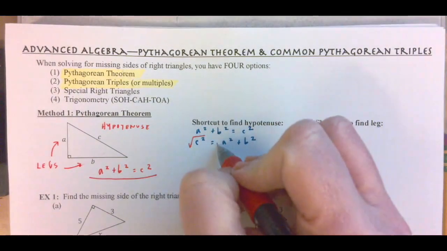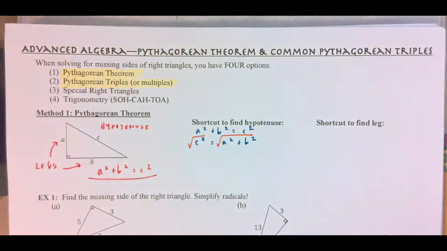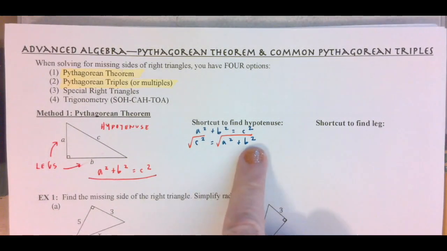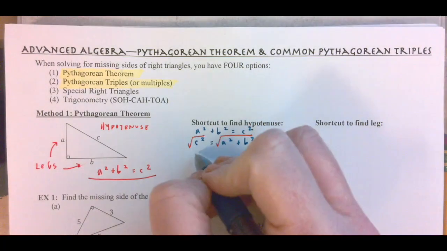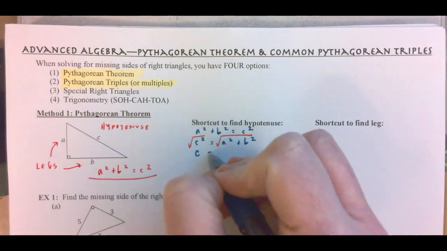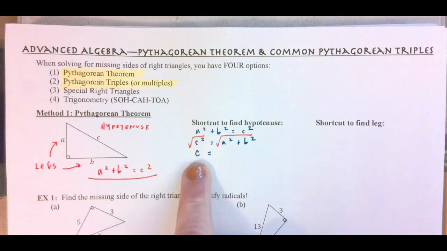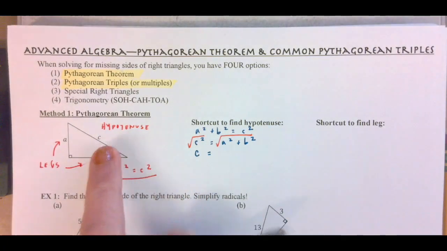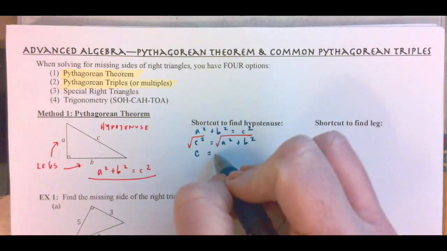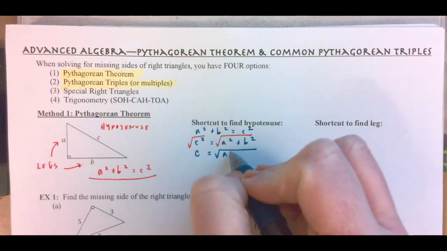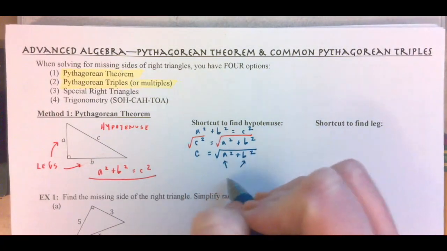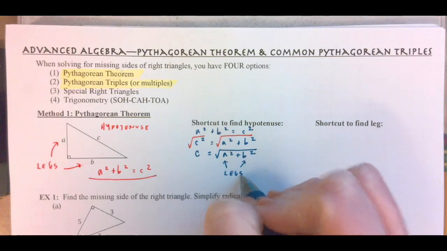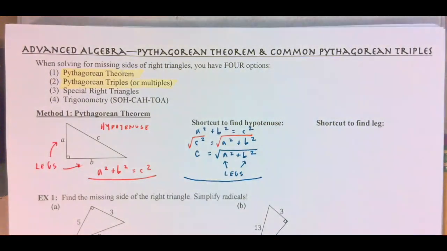So I take the square root of each side. This is like a package, so I can't unlock those individual components. It stays as c, right? Technically it's plus or minus, but c is a measure, has to be positive. c is the square root of a squared plus b squared. And again, a and b are the two legs. So this helps me get to the hypotenuse just a little bit faster.